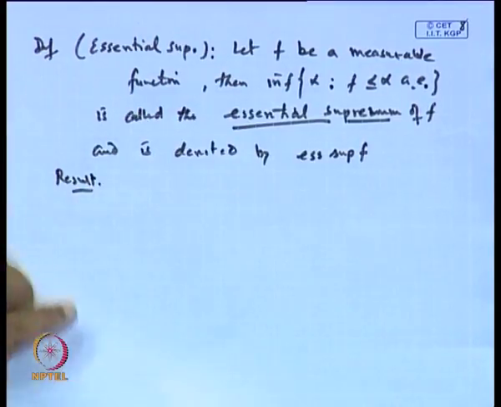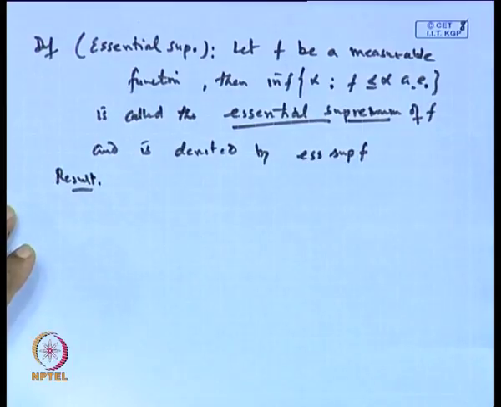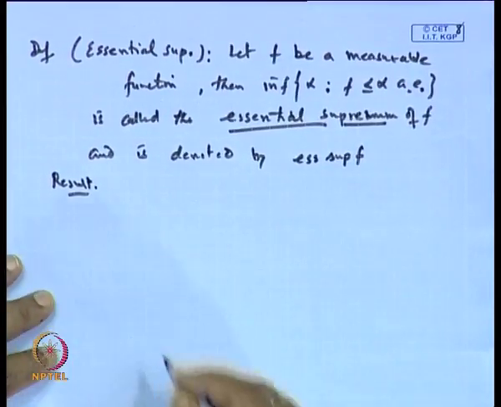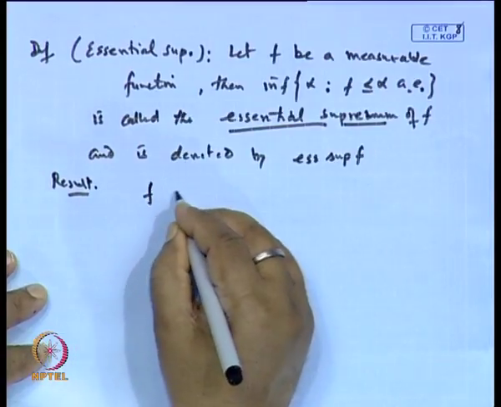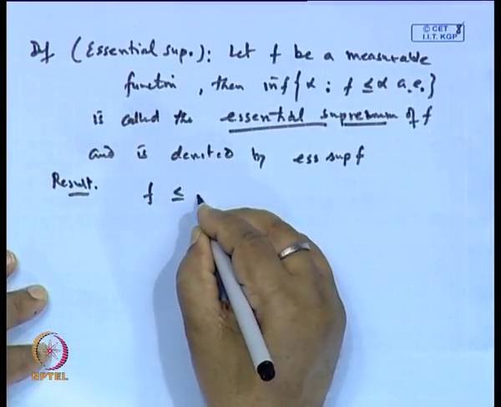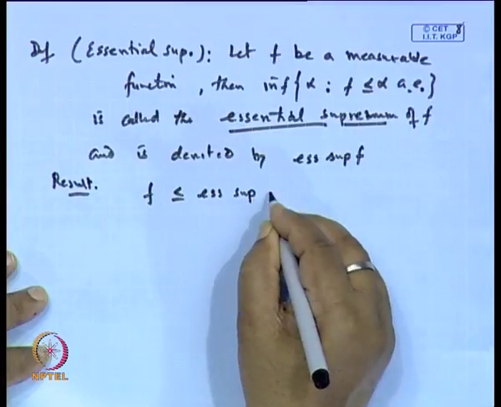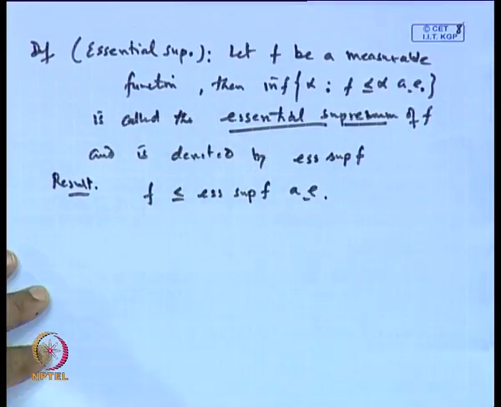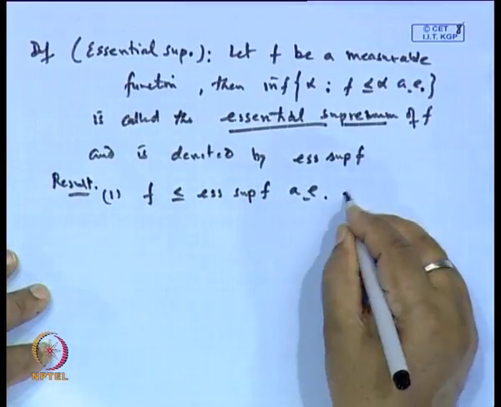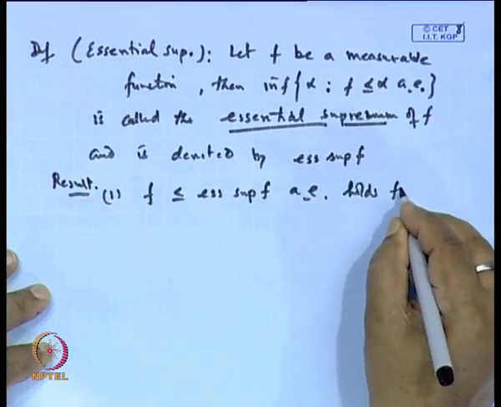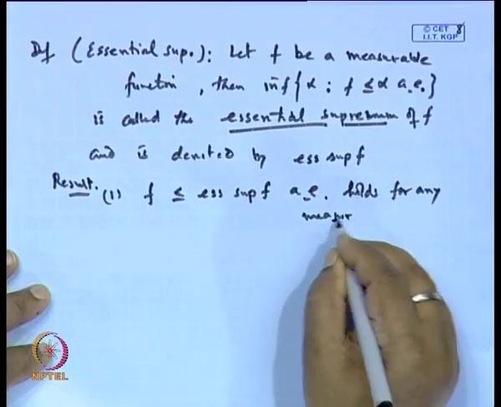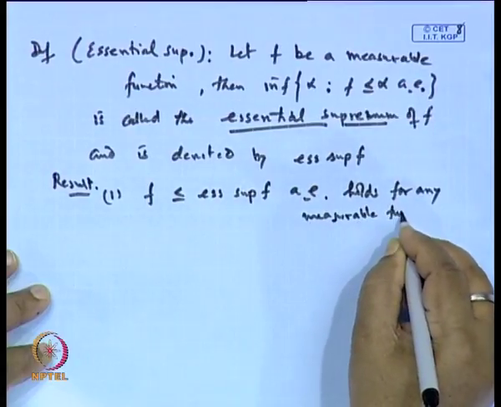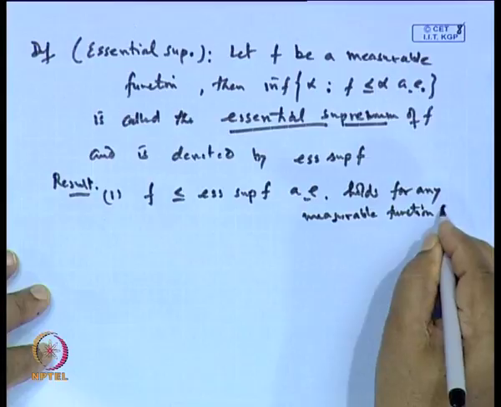Now, in this we have one or two results. The first result is, for any measurable function f, f will always be less than or equal to essential supremum of f almost everywhere. This holds for any measurable function f.